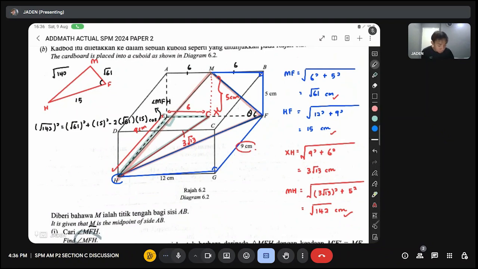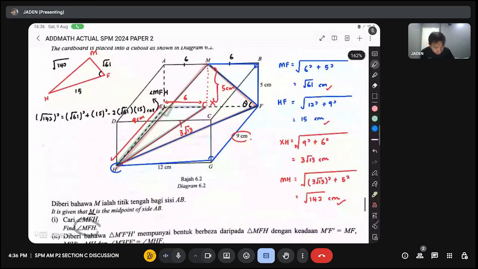Okay, so my next row will be, I could straight away write here angle MFH equal to, let me include the cos⁻¹ here at the front. Okay, open up a bracket.